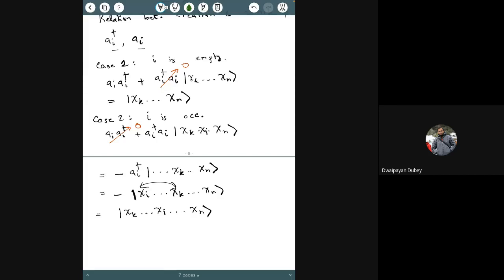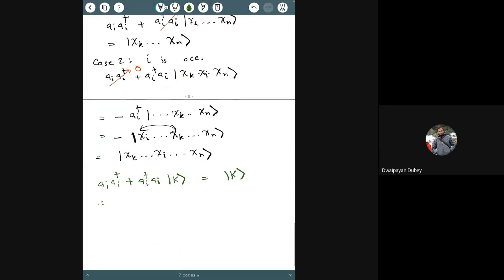Which means that for an arbitrary case, when you don't know if I is empty or occupied, you still know the action of A_I dagger plus A_I dagger A_I on a determinant. This always gives you back the same determinant, which means that A_I A_I dagger plus A_I dagger A_I is equal to 1. So this is the relation between a creation and an annihilation operator when they have the same orbital label. Okay, so we have discovered one relation.